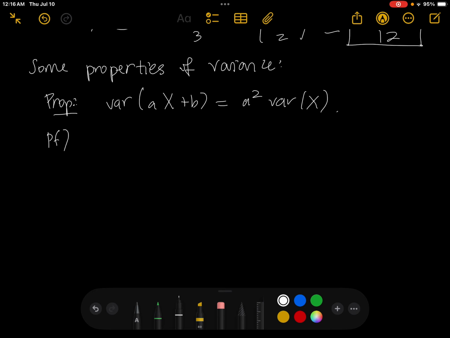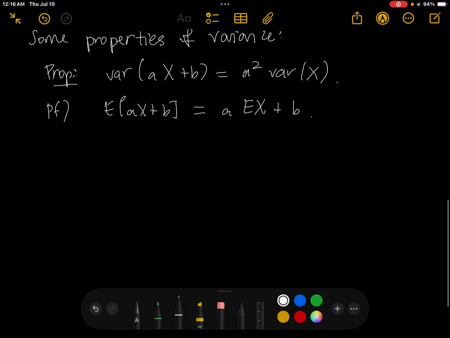Because we're using the linearity of expectation, we know the expectation of aX plus b is just a times the expectation of X plus b. And let's let mu be the expectation of X. That simplifies the notation. So the variance of X is equal to the expectation.